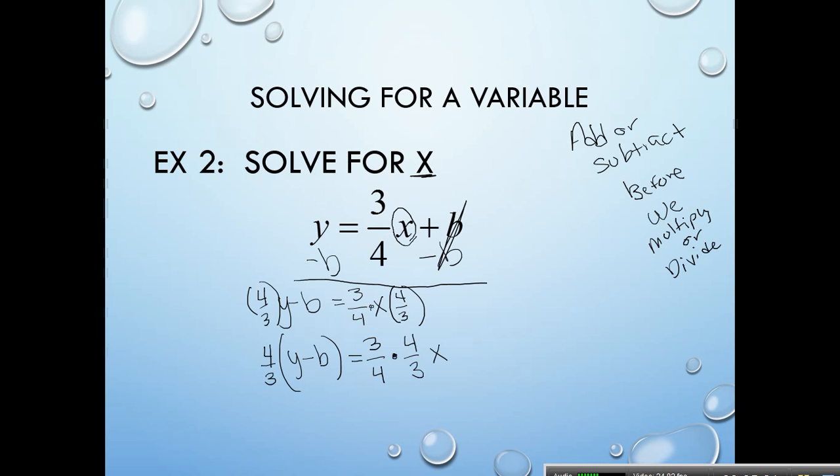I'm going to multiply this across, keeping the left side the same. 3 times 4 gives me 12, and 4 times 3 is also 12. 12 divided by 12 is just going to give me a 1, so that cancels out. I get 4/3 times y minus b equals x.